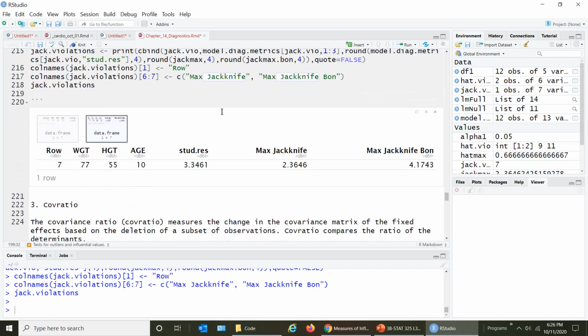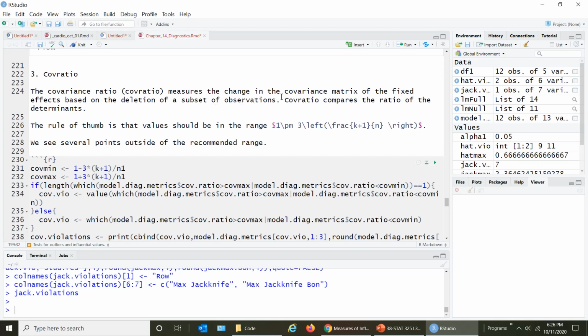Now the covariance ratio measures the change in the covariance matrix, and we talk about fixed effects. That would be more important when we're talking about the design of experiments, but here we're doing regression, so we won't get into that. So it's the change in this covariance matrix when we delete a subset of observations.